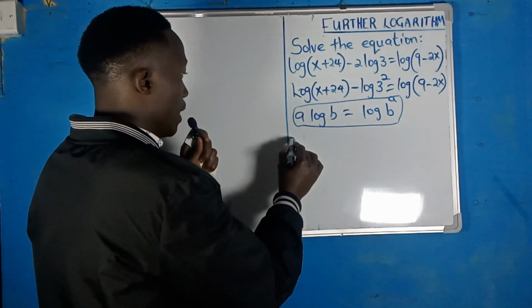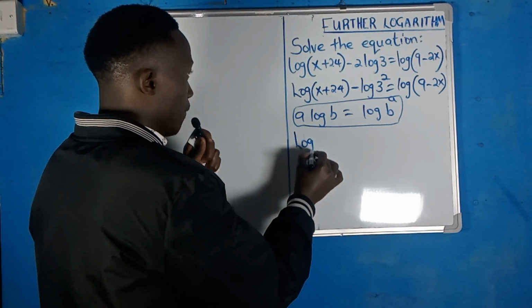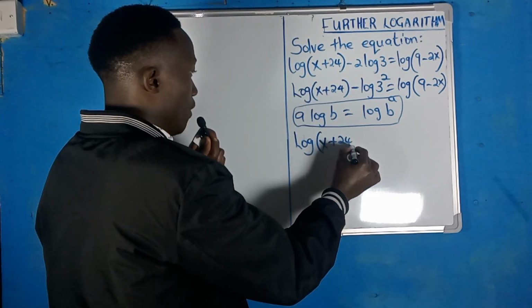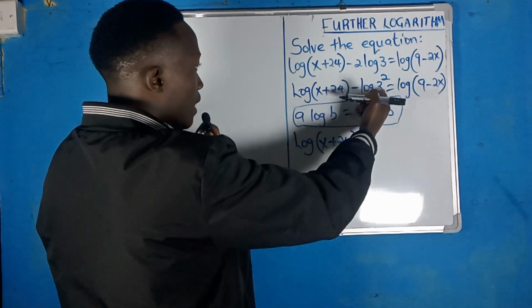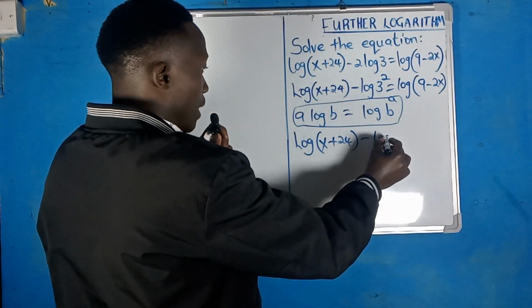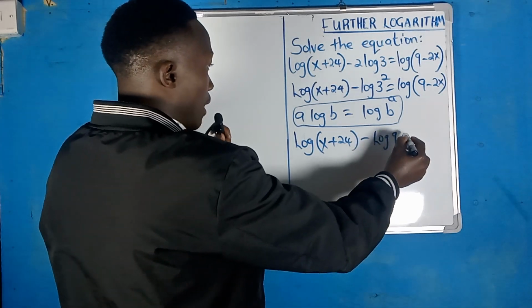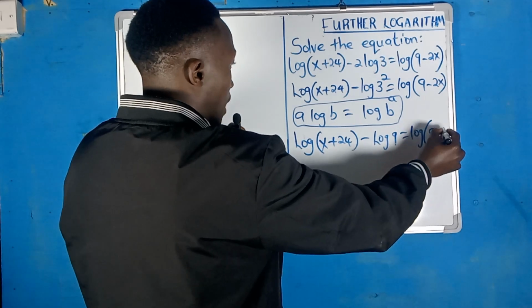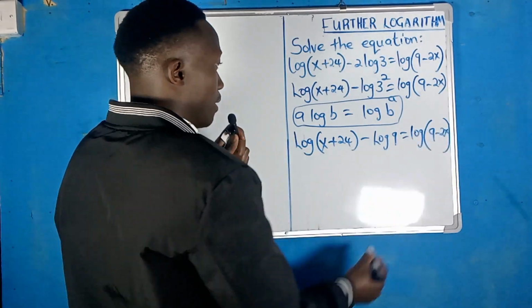So as we continue, we'll have log (x plus 24) minus log 3 squared. 3 squared is equal to 9, so it will be minus log 9, is equal to log (9 minus 2x).